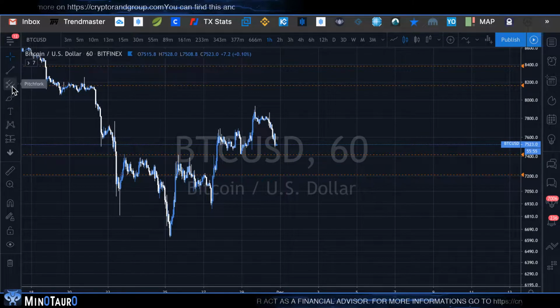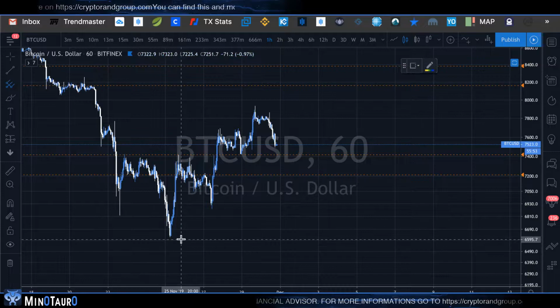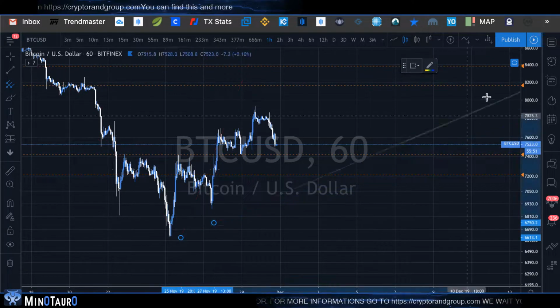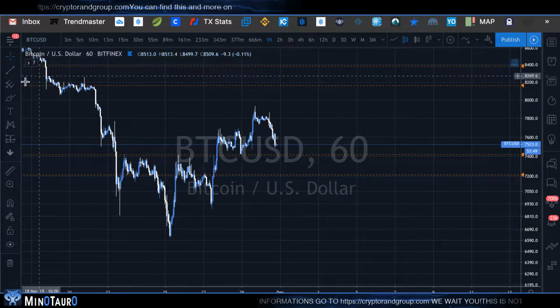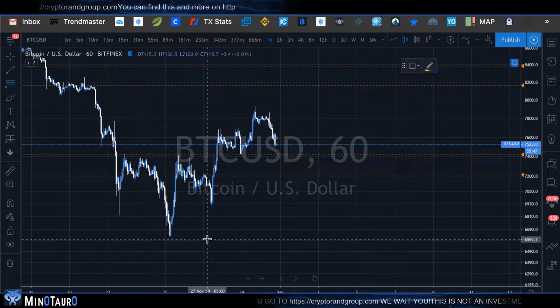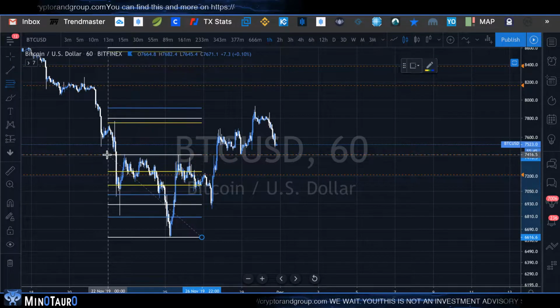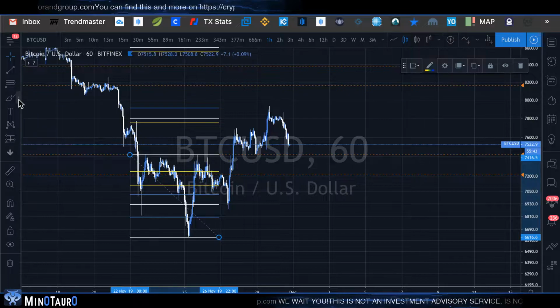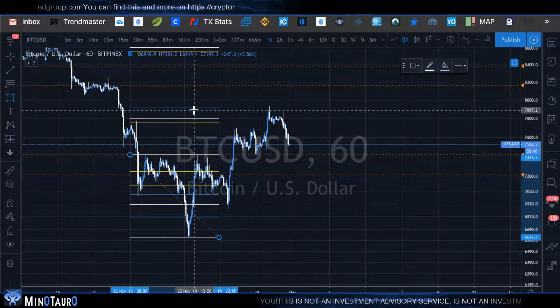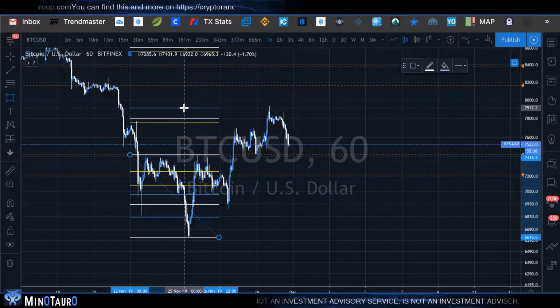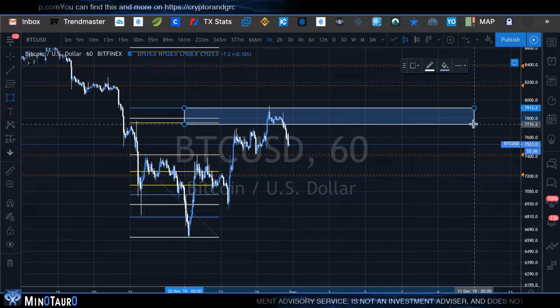Okay, so let's start with the fib. 161, perfect. Well, double confirmation on it, so it was the exit point.